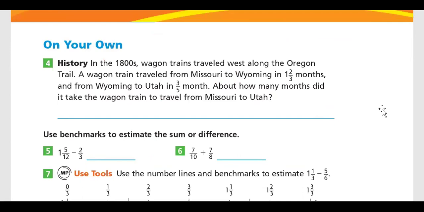In the 19th century, a wagon train traveled west along the Oregon Trail. A wagon train traveled from Missouri to Wyoming in 1 and 2 over 3 months, and from Wyoming to Utah in 3 over 5 months.